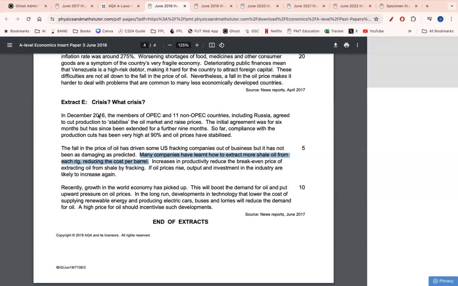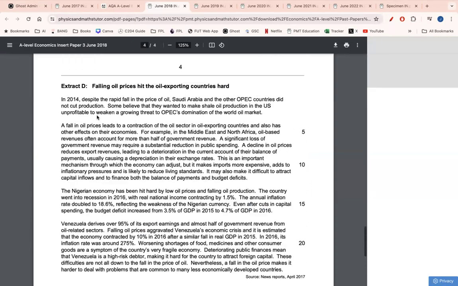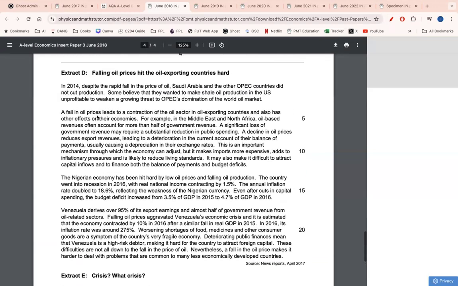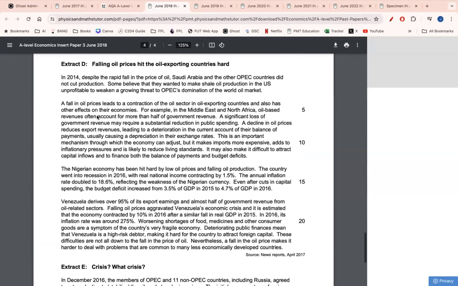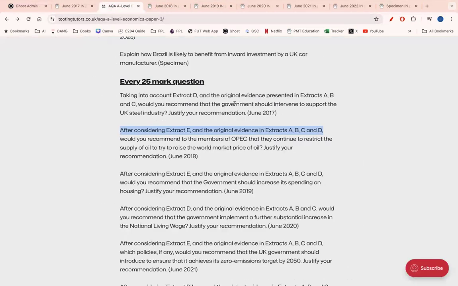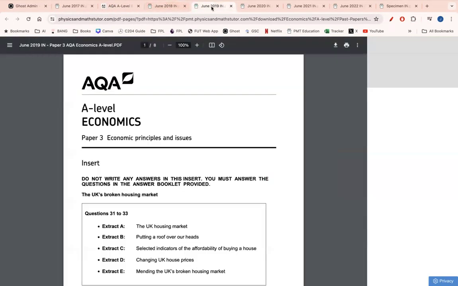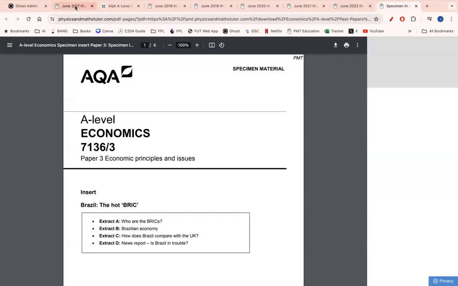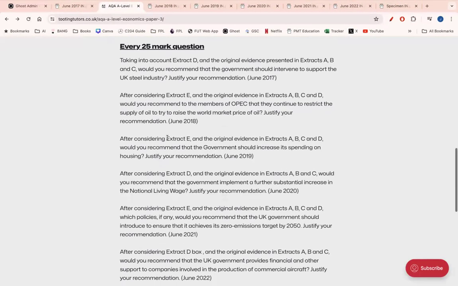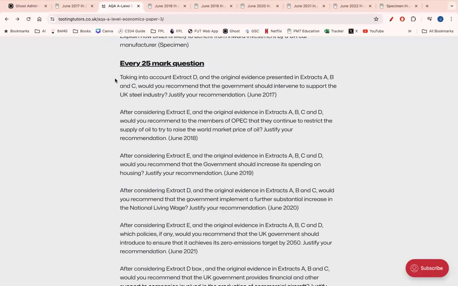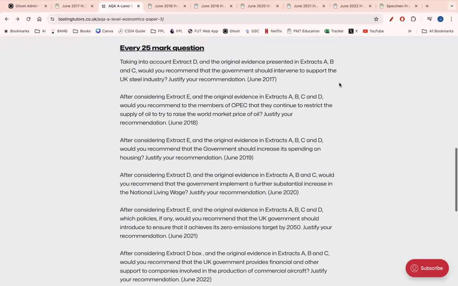The thing is, if it takes 10 minutes to read it, I would take 10 minutes, but I wouldn't jump to answering the question. All I would do is open up every insert like I've done, then use this page to go through the 25 markers and don't necessarily do them, but just write paragraph one, paragraph two.